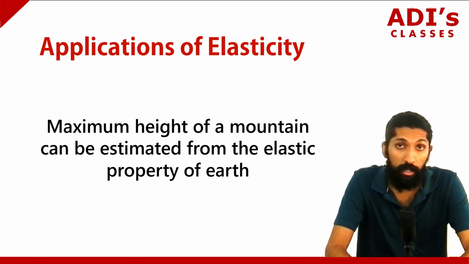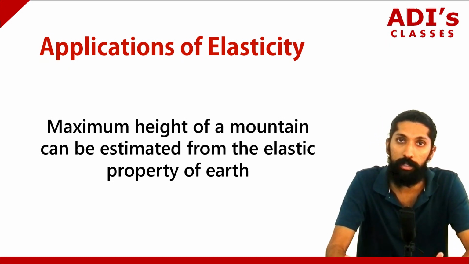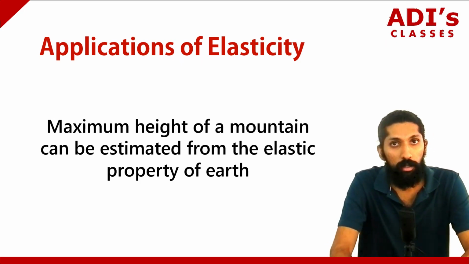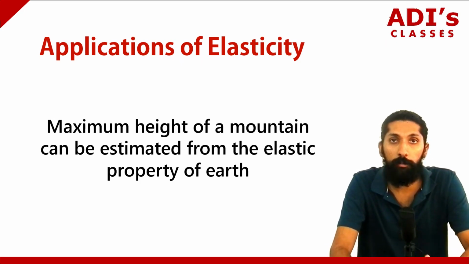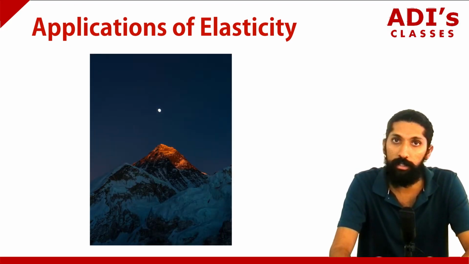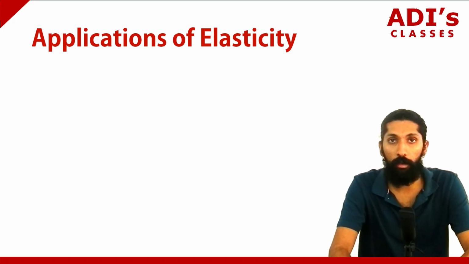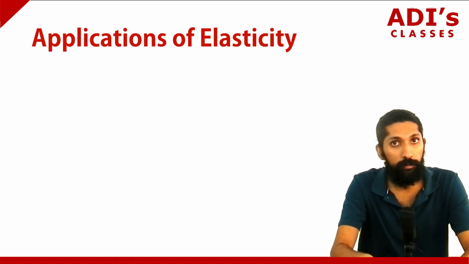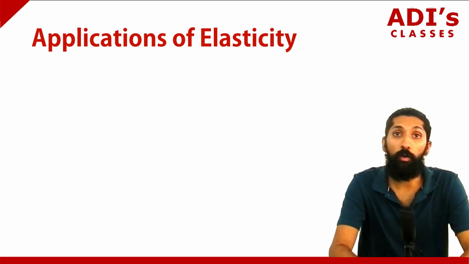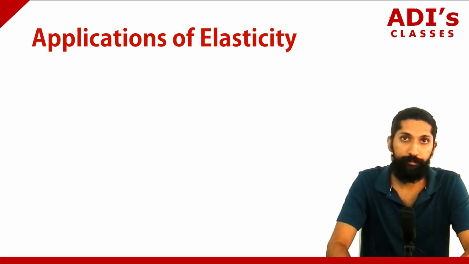For that, we use elasticity. Very strange, but still it is true. We use elasticity because the material on a planet is rocks and boulders and sand and mud, correct? They have elastic property. We make use of this and figure out the tallest structure on that particular planet.